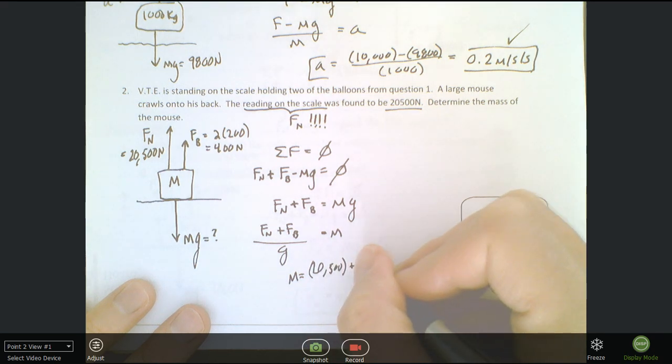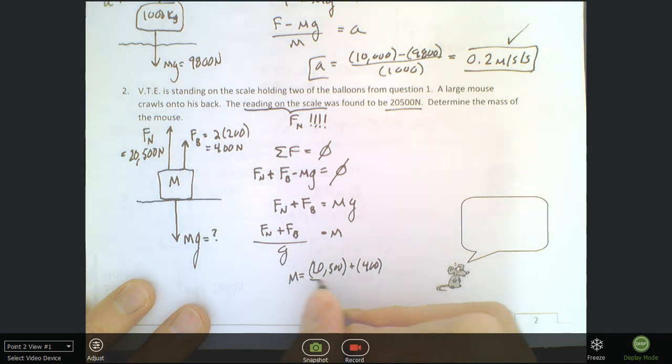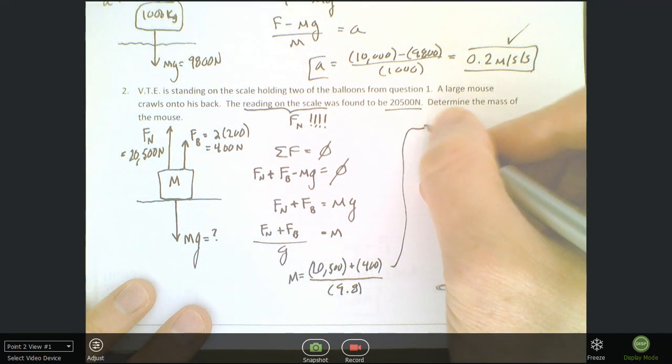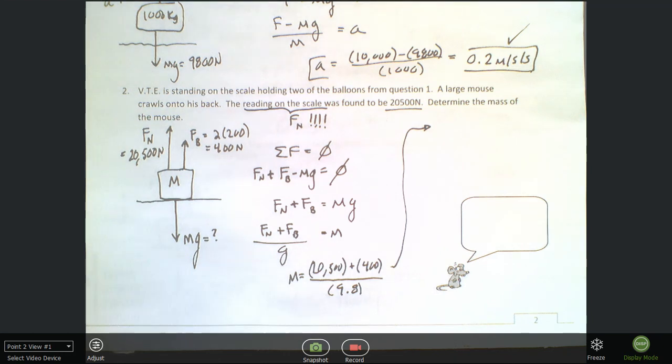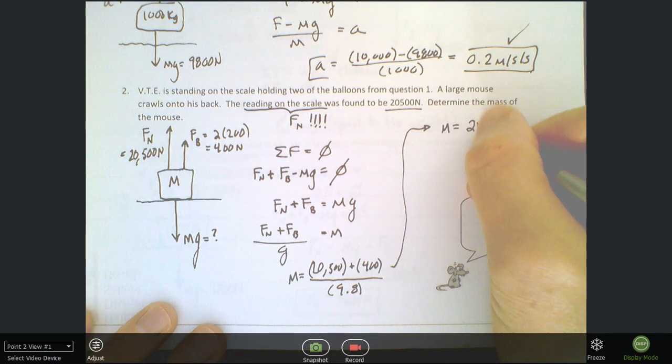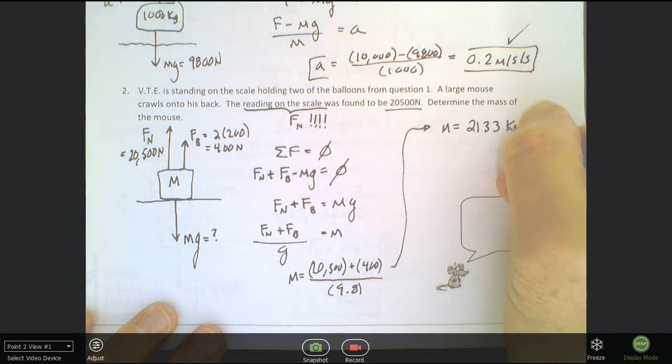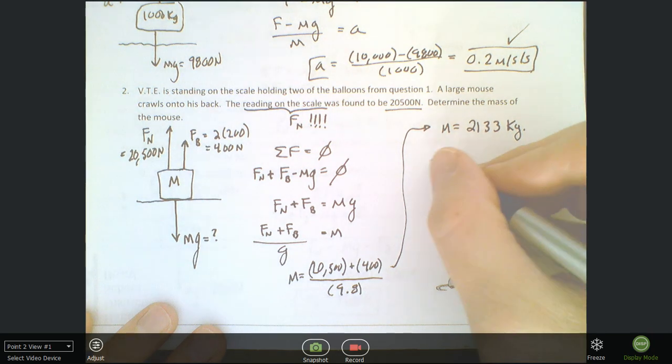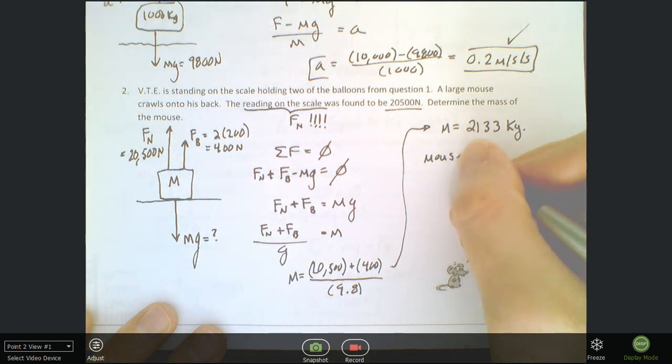There was an upward force of 400 newtons from the balloons, and all divided by 9.8. So if we put that in our calculator, we say 20,500 plus 400 divided by 9.8 is about 2,133 kilograms.